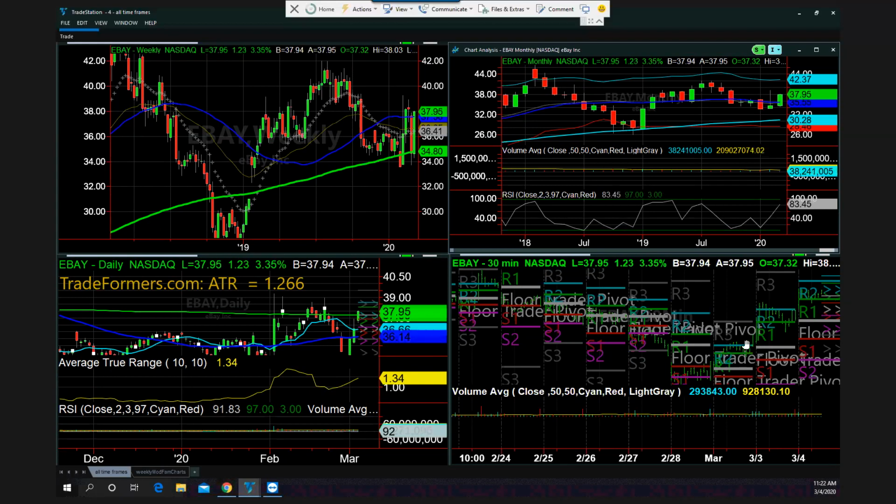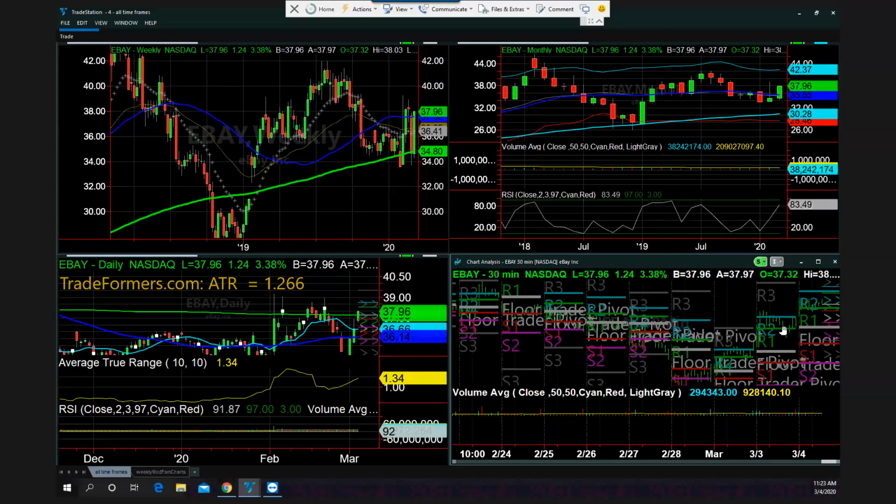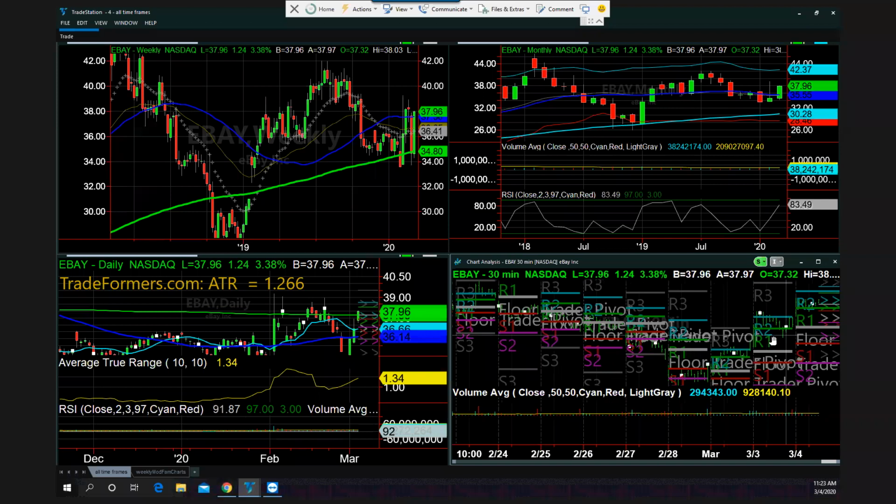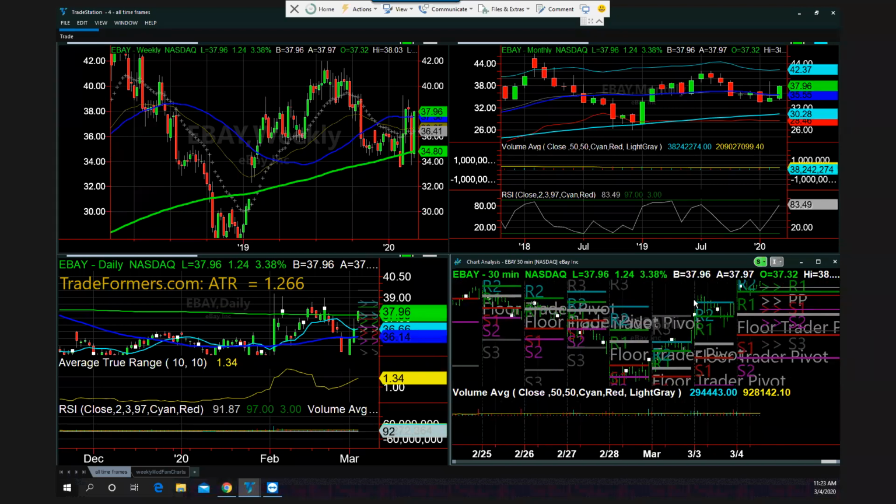Then finally, let's say we decided that today, after seeing it on the scanner, the fact that it had broken back over the 50-day moving average and improved in phase, we wanted to trade it today. The last thing we would do is look at the 30-minute bar right here, and in the 30-minute bars, you can see that I have pivot points.